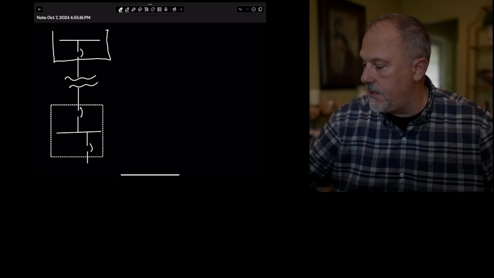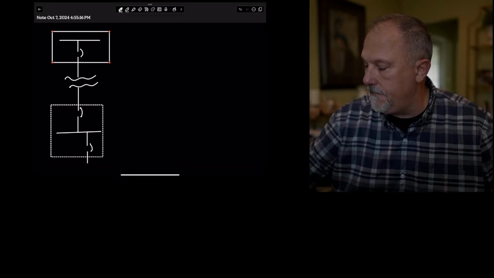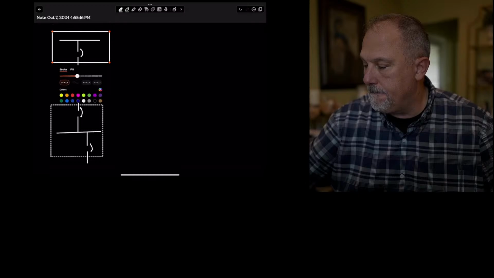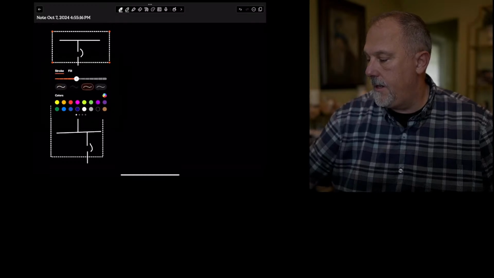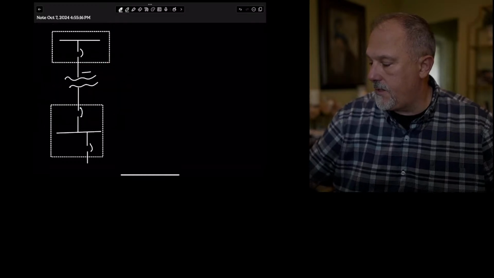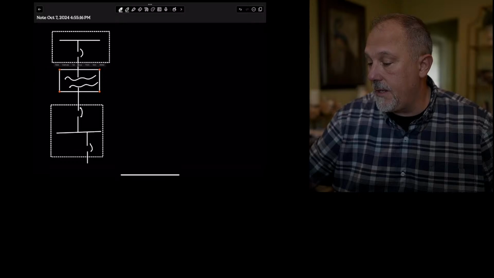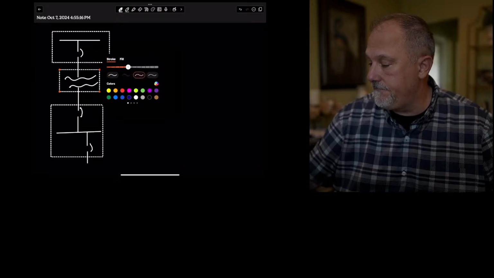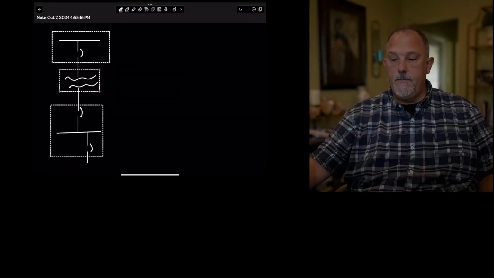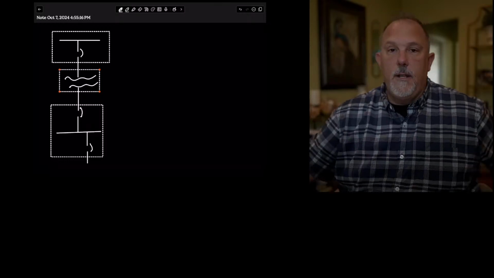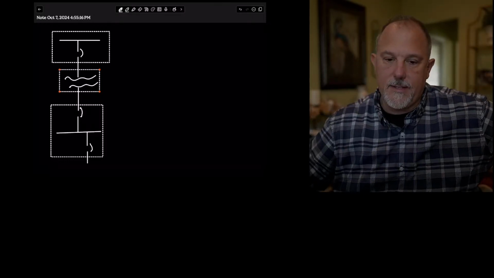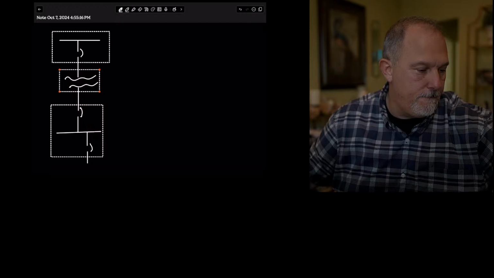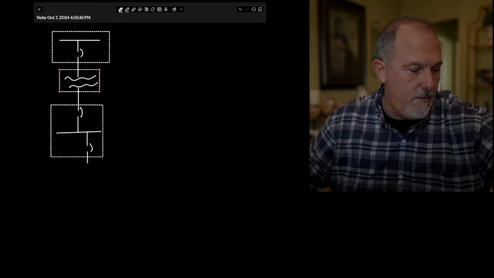This is an enclosure. And this is my transformer, which is also an enclosure. All right. Looking forward to getting some stuff done. Let's do Eaton footer.